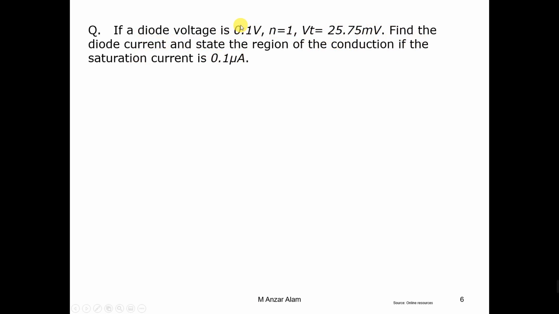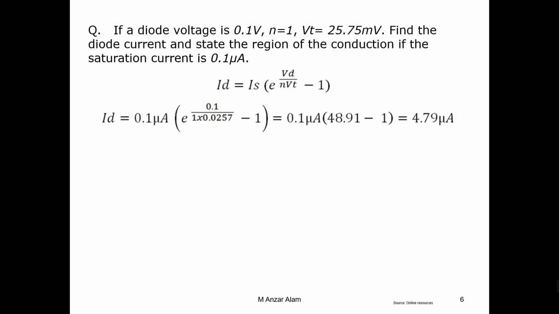From this text, the diode voltage is plus 0.1 volt, so the diode is in the forward region, but it is not going to turn on because it is less than 0.7 volt. Let's start with the Shockley equation.